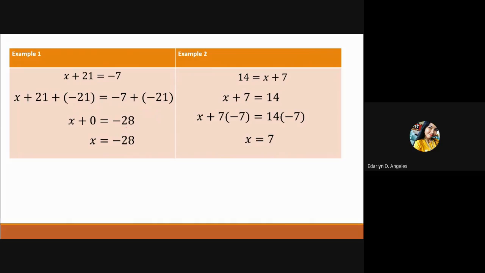For the first example, notice that 21 was just transferred to the opposite side of the equation, and the sign is changed to its opposite. And also for the second example, our 7 was transferred to the other side and the sign is just negative or -7.